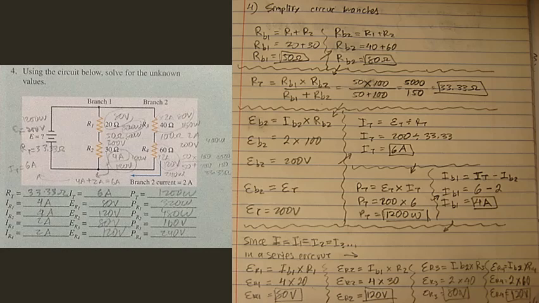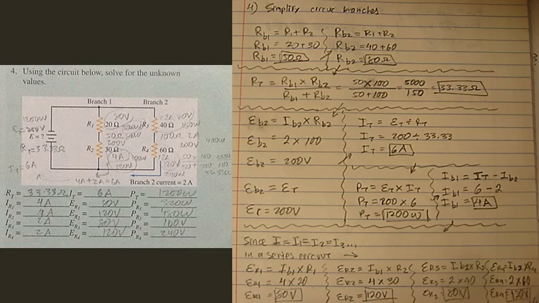With that, we can find our current total, which is the voltage total divided by your resistance total, which we know both of those. We know our voltage total is 200 divided by our resistance total, which is 33.33.